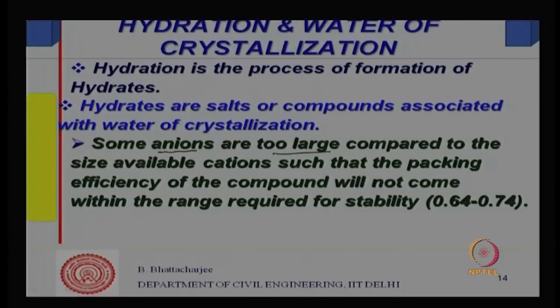Well, because anions are too large compared to the size of available cations, such that the packing efficiency of the compound will not come within the range of required stability. You see, cations are small, anions are large. Cations are arranged with the anions in some manner. Now, if the sizes are too small, they do not pack with appropriate packing density.